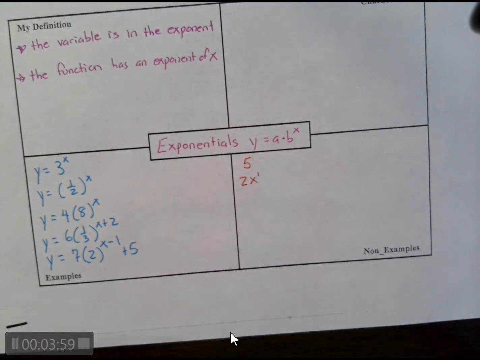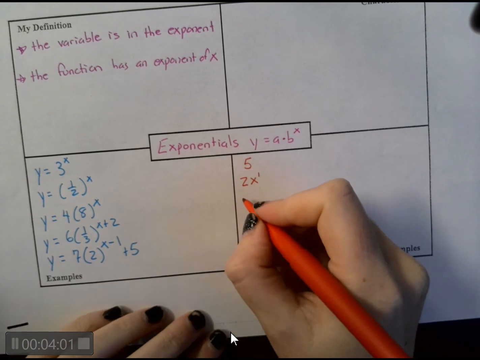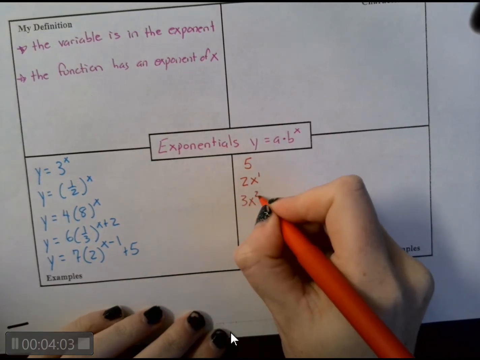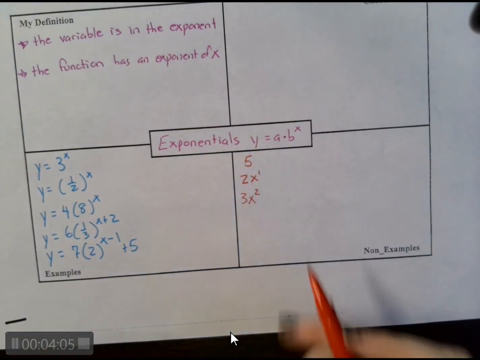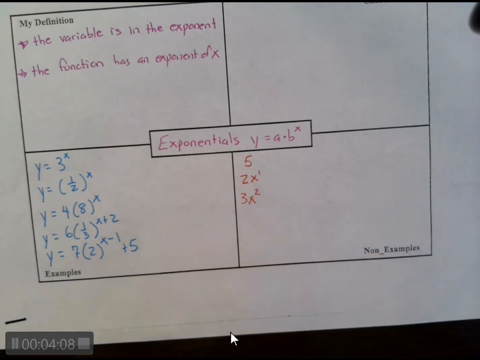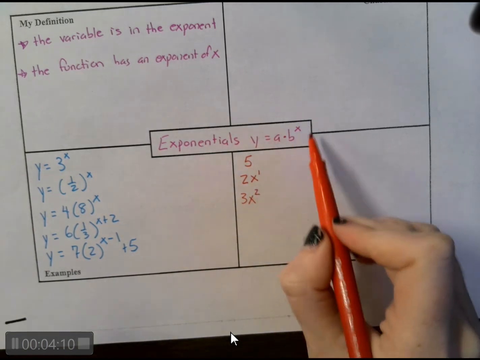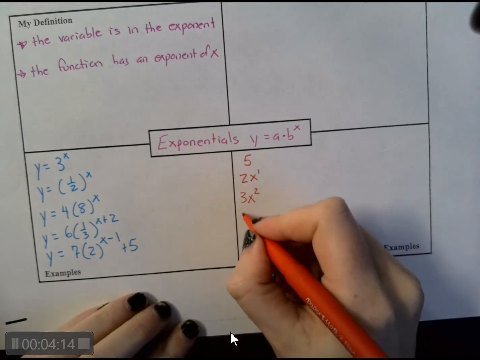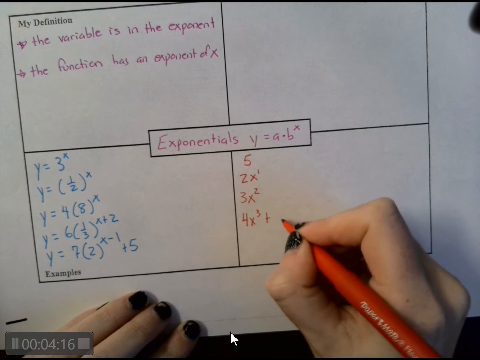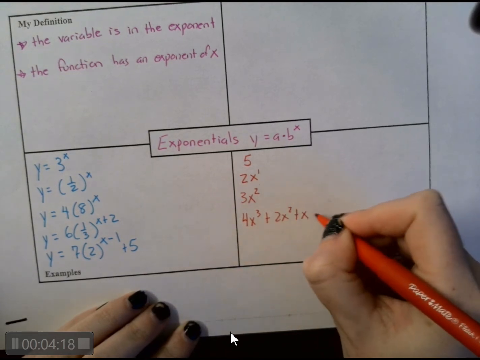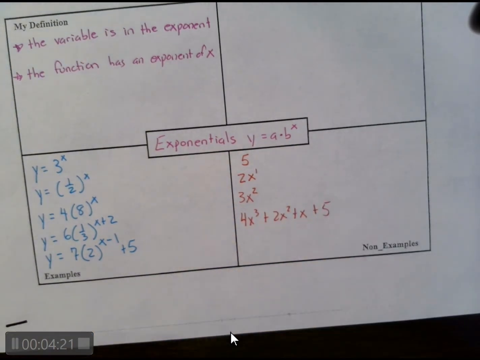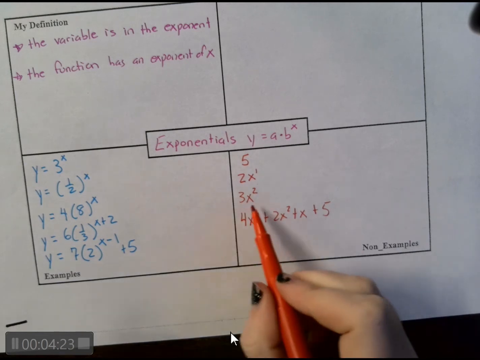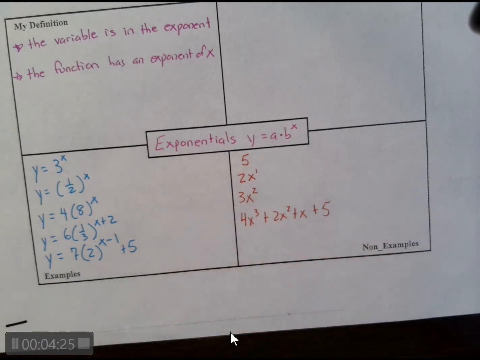Okay, what about, let's see, 3x squared? Well, this time we have a 2 in our exponent. That's not an x, we need an x. Okay, so then what about this one? No, because we do not have an x in our exponent.